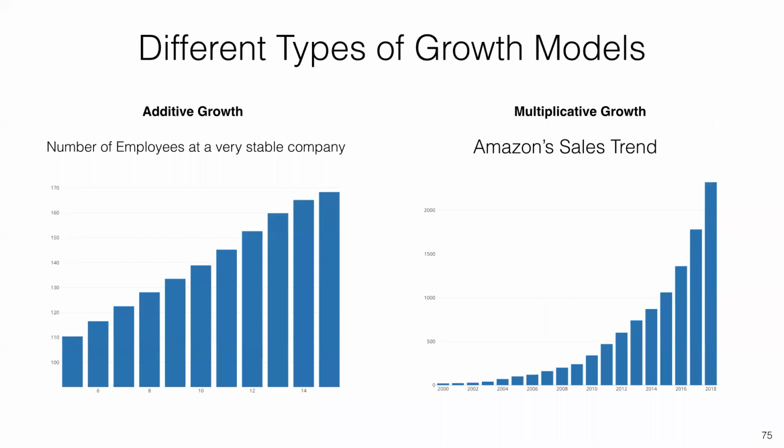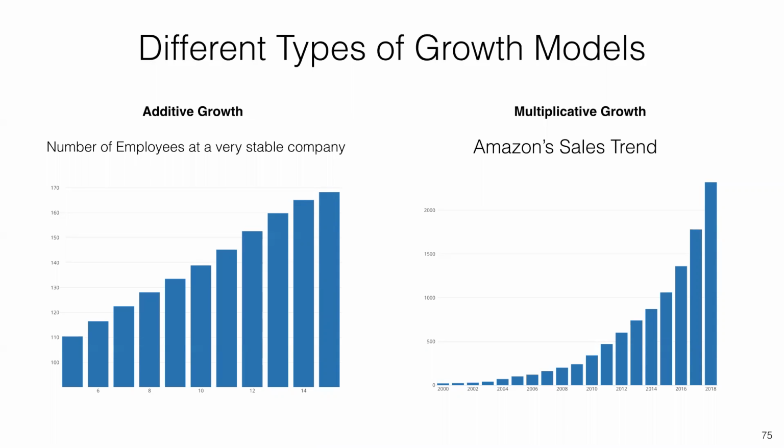What that means: the left-hand side is the additive growth model. Typically, let's say a very stable company keeps adding employees every year, say 50 people every year. And the right-hand side is, say, Amazon's sales trend, but it doesn't have to be Amazon, just a very rapidly growing company. When you talk about their growth, we don't usually talk about $2,000 up or $2 billion up.